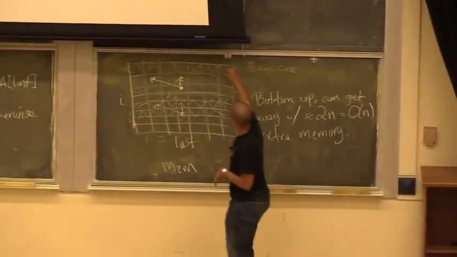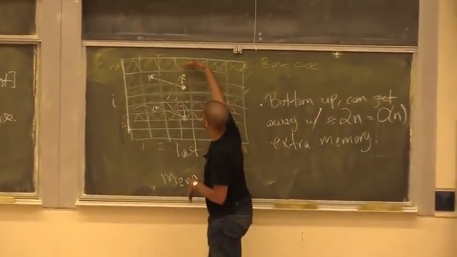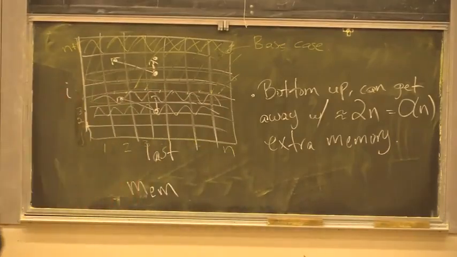I'll fix it in the code I released to you. But live coding is indeed very dangerous. So the point is just, right, you fill in the base cases first, which is the top row, and then you basically fill in the rows going from top down. Okay, so that's what the code is doing, even though somewhere I seem to have a typo.